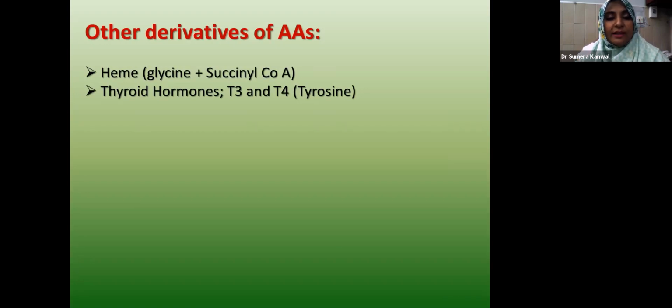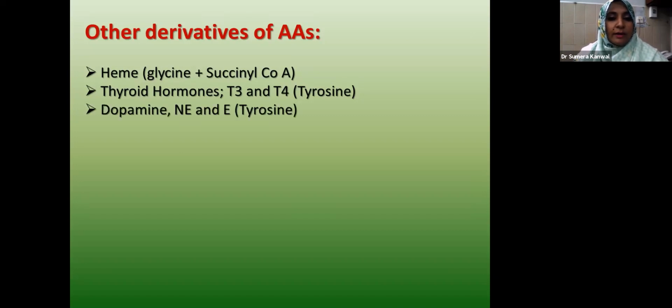When the tyrosine residues of globin are iodinated, they make T3 and T4. If 3 iodines are added, it becomes T3, and if 4 iodines are added to the tyrosine structure, it becomes T4. So upon iodination, tyrosine becomes thyroid hormone T3 or T4.